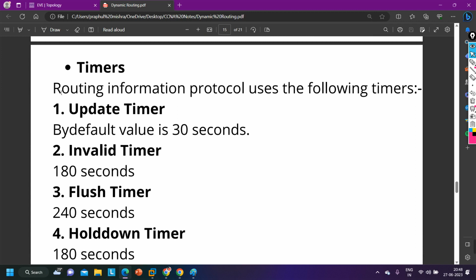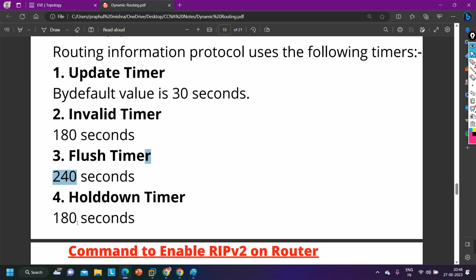Here also you can see the timers. We have multiple timers in the RIP routing protocol, like the update timer. Update timer means sending the update message to the neighbor every 30 seconds. Then the invalid time is 180 seconds. Then flush time. Then hold down time. Hold down time is 180 seconds. What do you mean by these timers?